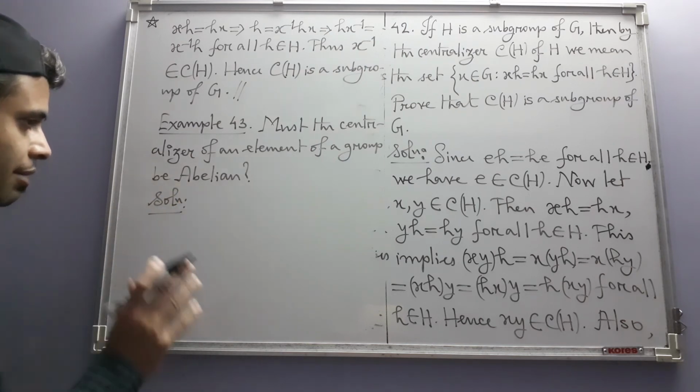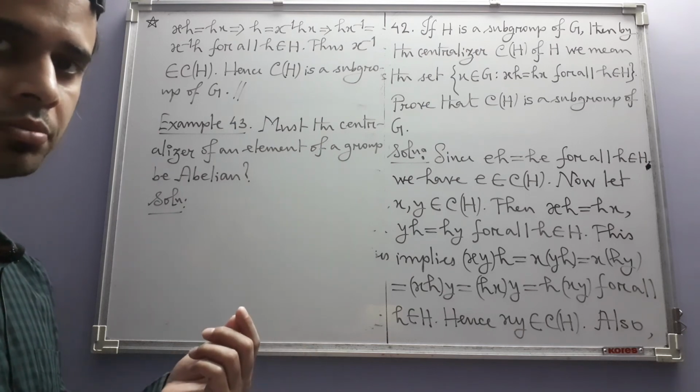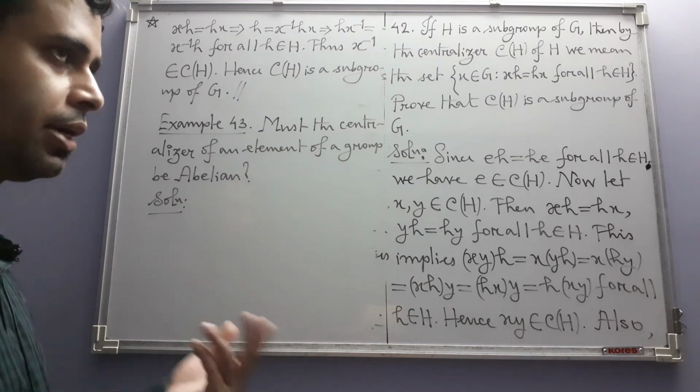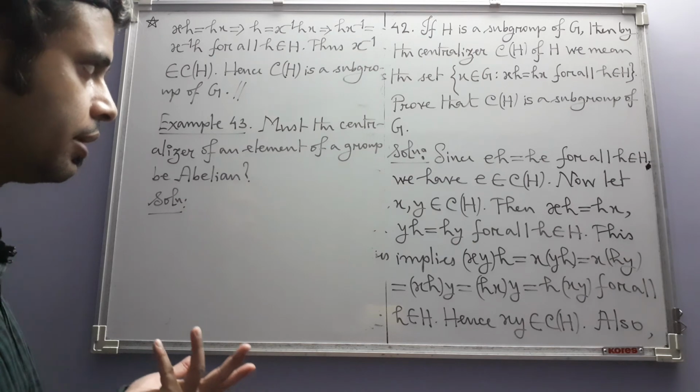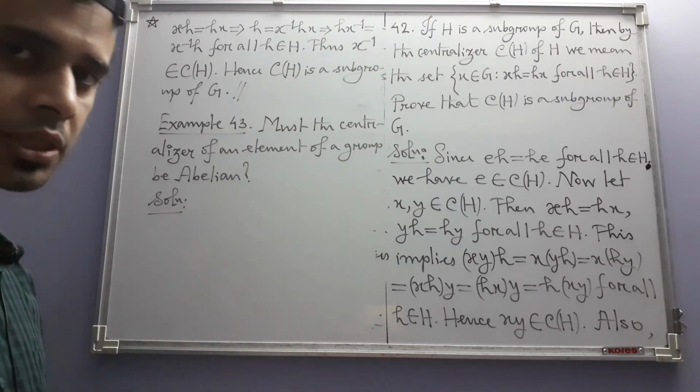That is, if you have a group, you choose one element from the group and then you find its centralizer. Is it necessary that the centralizer as a group is always abelian?